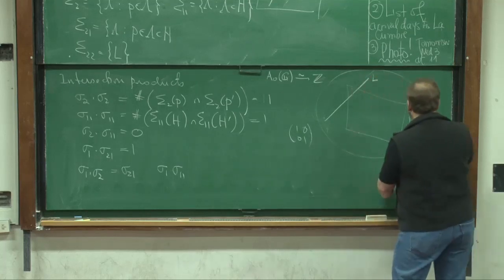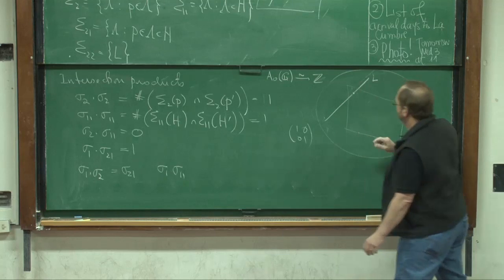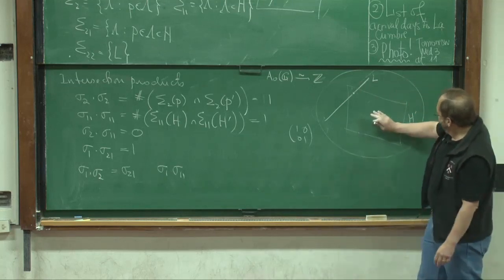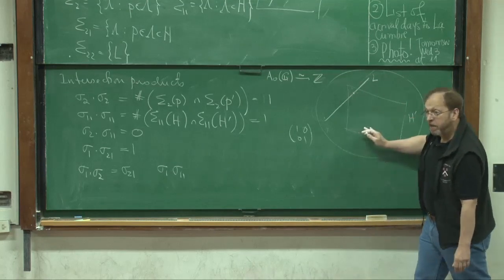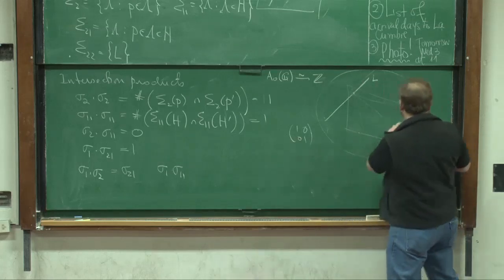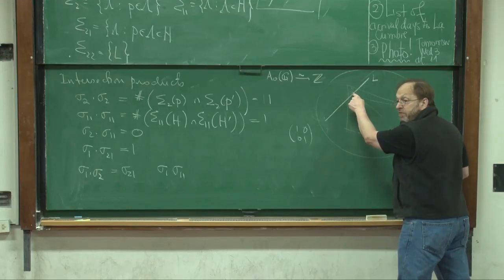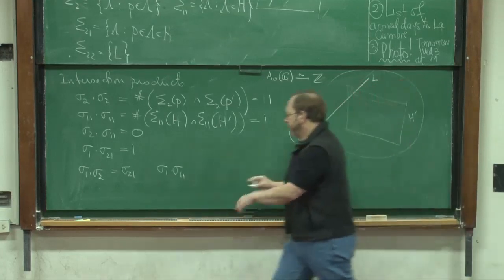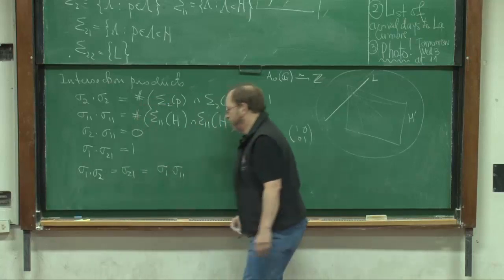I'll draw the plane H prime so that it meets L. The lines that lie in H prime and meet L, again, form the pencil of lines in H prime passing through the point of intersection. So that's, again, sigma 2,1.